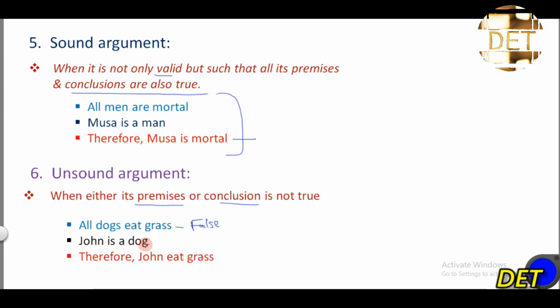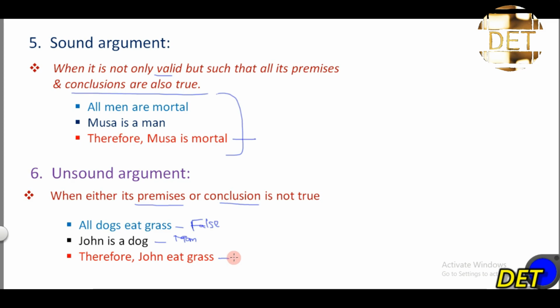John is a dog. John is not a dog. John should be a man and not a dog, although you can name your dog John. Therefore, John eats grass. John shouldn't be eating grass. John can eat cooked vegetables, but not grass.